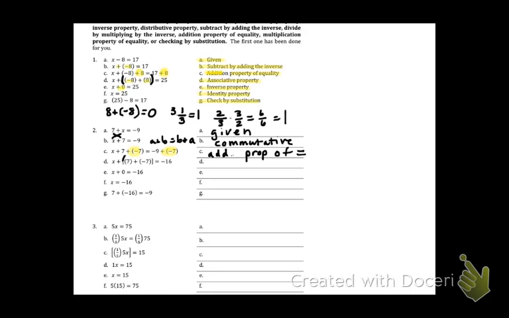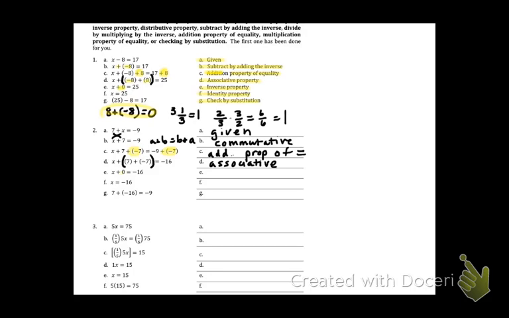Okay, now we're adding these brackets here. It's the associative. Those two numbers now are associating with each other, the associative property. 7 and -7, just like up here, those are inverses. 7 is the inverse of -7. And when you add those together, they equal 0.